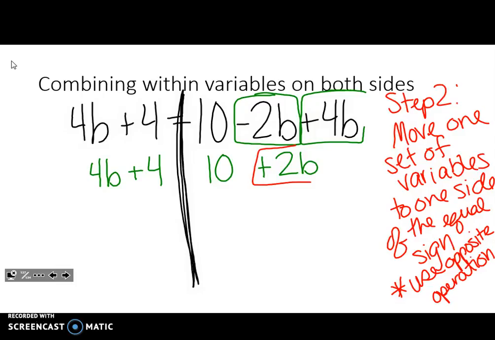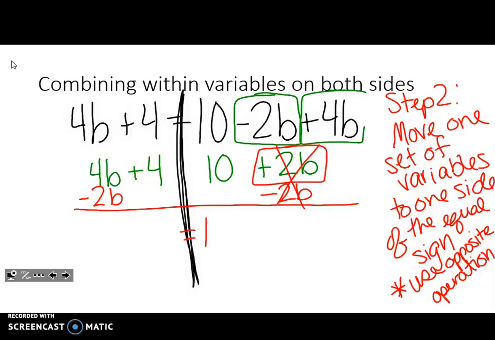So I'm going to move the positive 2b. Since it's positive, I have to subtract it to the other side. I still have 10. And then 4b minus 2b is a positive 2b. And I'm going to bring down the plus 4.